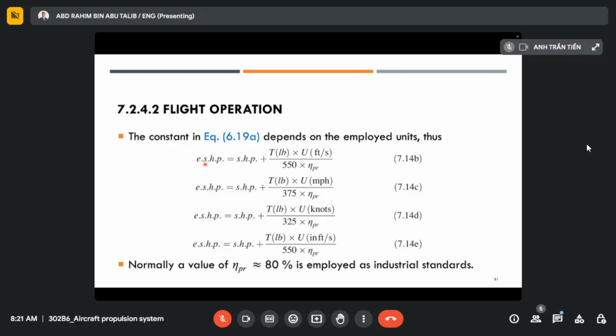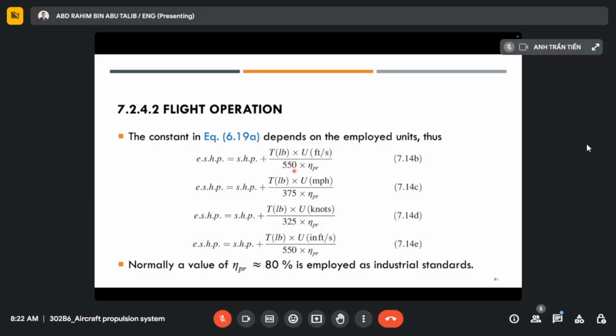Thus, depending on the unit that you are using, whether it is velocity in feet per second, thrust in pound, or you are using miles per hour, or knots and feet per second, you can use a different constant, right?